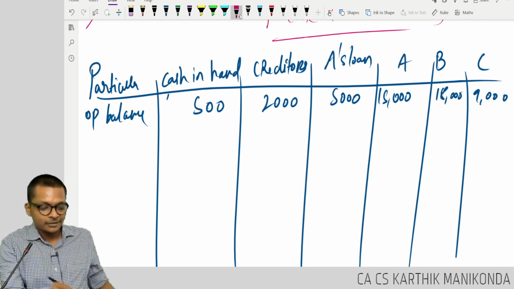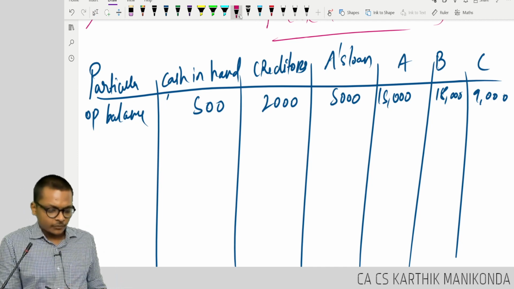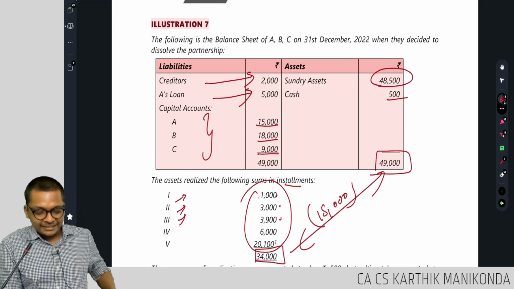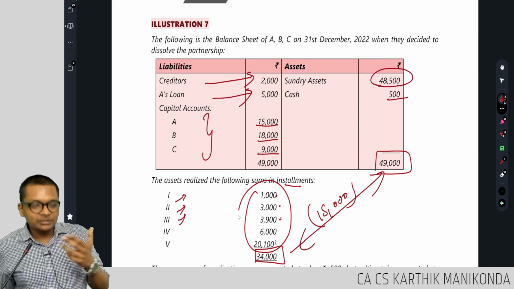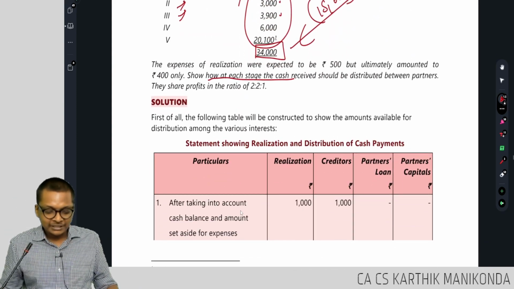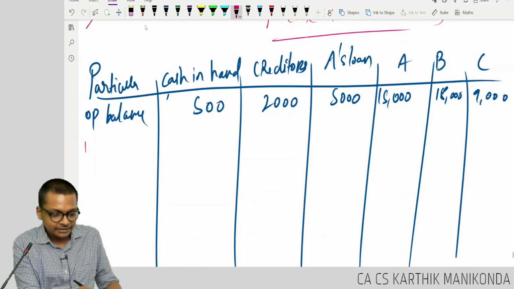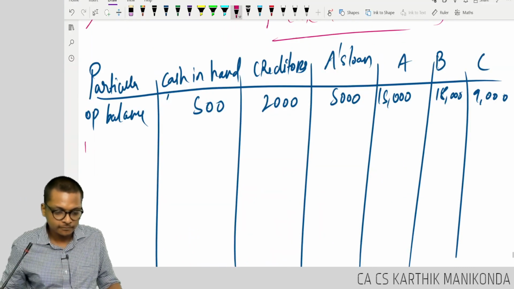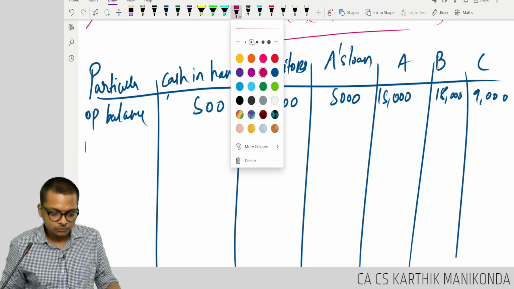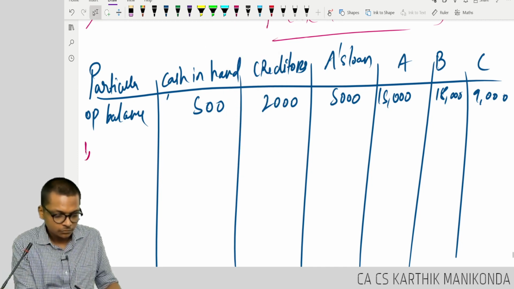Next, before the installment itself, I will use the cash I have. I can use the cash and make the payment, guys. Correct? So first I am going to write under this: utilization.